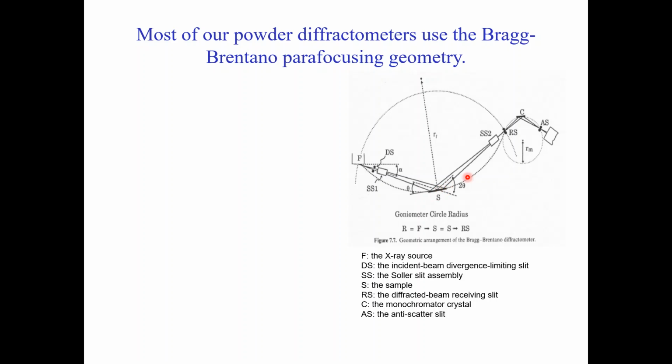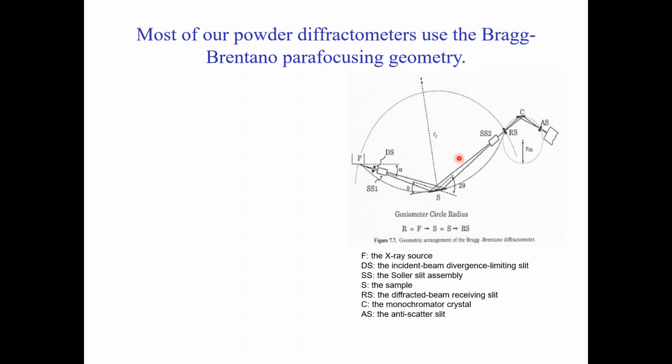And then another important part, lying here, is denoted by RS. It is the diffracted beam receiving slit. This part, denoted by C, is the monochromator crystal, and this part, denoted by AS, is the anti-scatter slit.